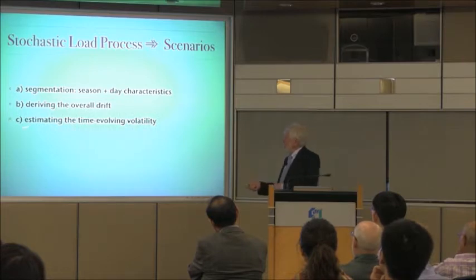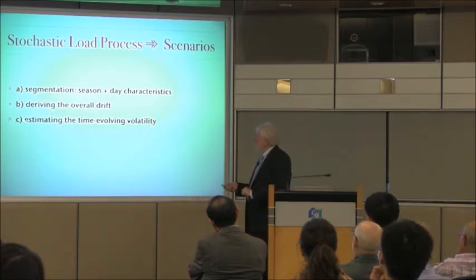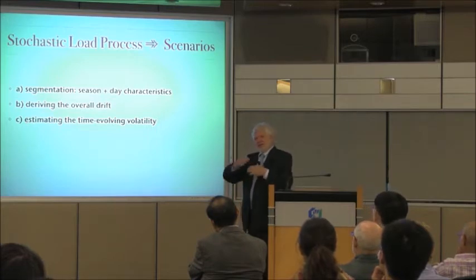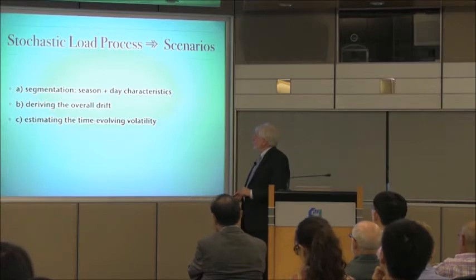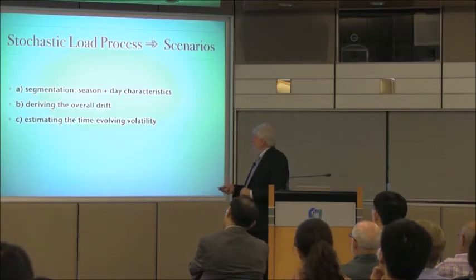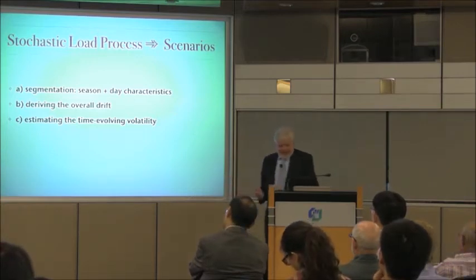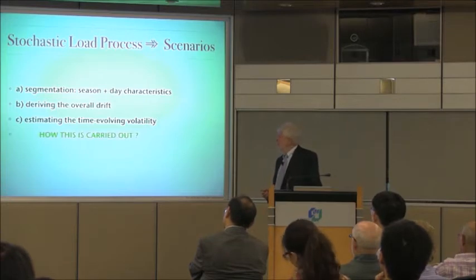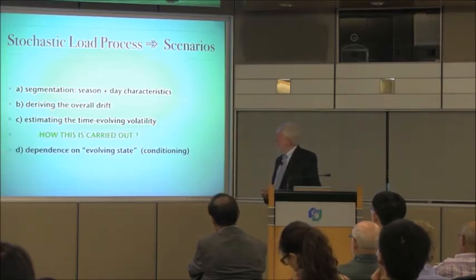And then, excuse me, I went too fast. I will be estimating the volatility around this overall drift, and it will be evolving over time. The next step will be how to carry all of this information.